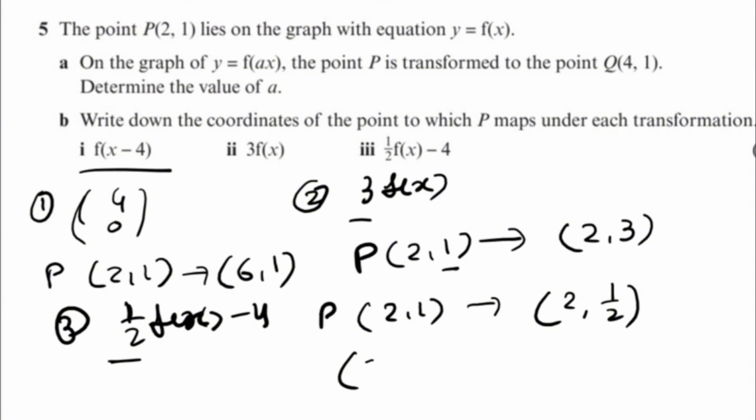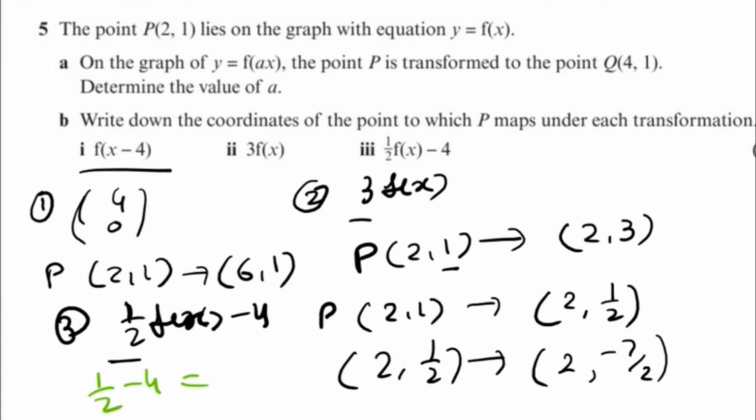So again (2, 1/2) is translated to (2, -7/2). How do I get minus 7 over 2? As you can see, half minus 4. If you take the LCM, you will get minus 7 over 2. So this is the way we are getting 7 over 2. So this is our answer.